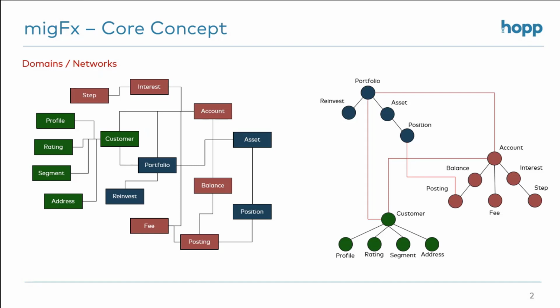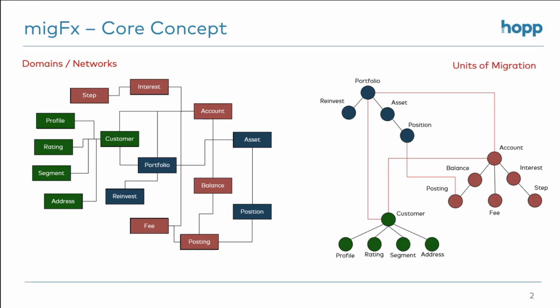So when we migrate a customer, we do not just migrate the owning row in the customer table. We migrate the customer and all connected data to that one customer. The same for the account and the same for the portfolio. And the red lines here represent that, of course, these hierarchies also have relationships between them, as I said before.